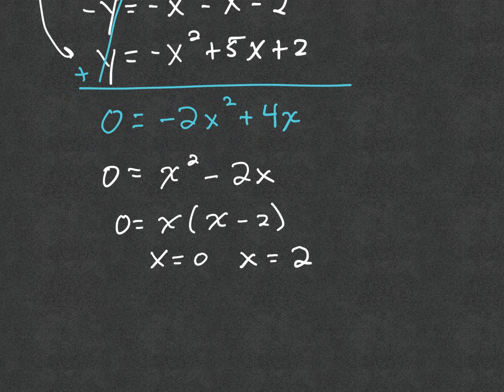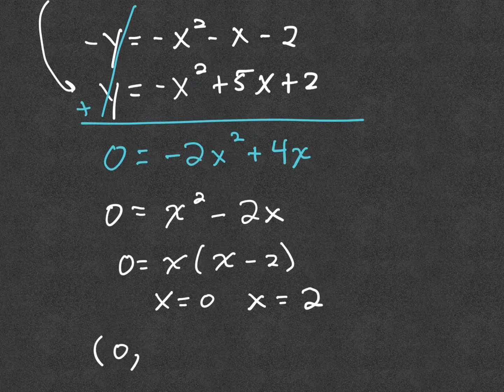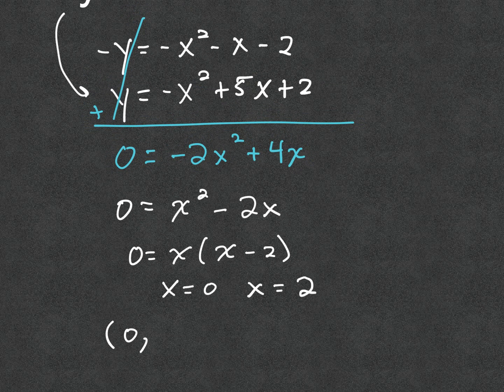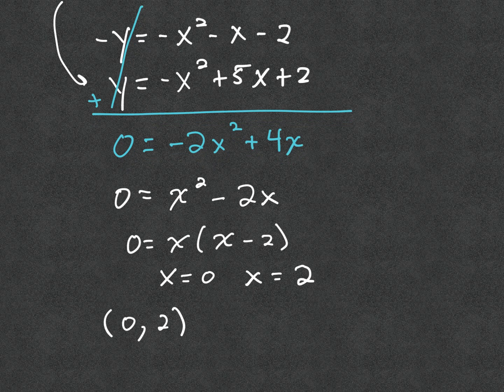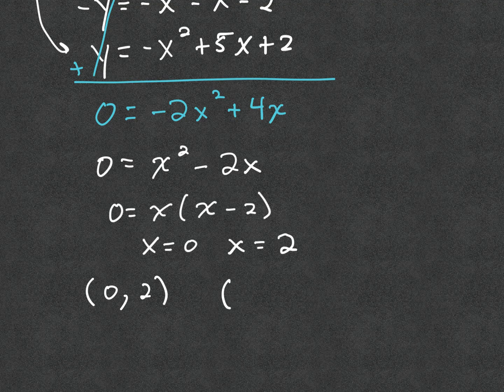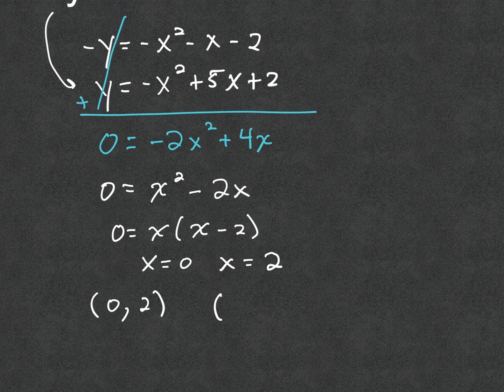If x is equal to 0 and I put it into either equation, I'm going to get y equal to 2. What if x is equal to 2?